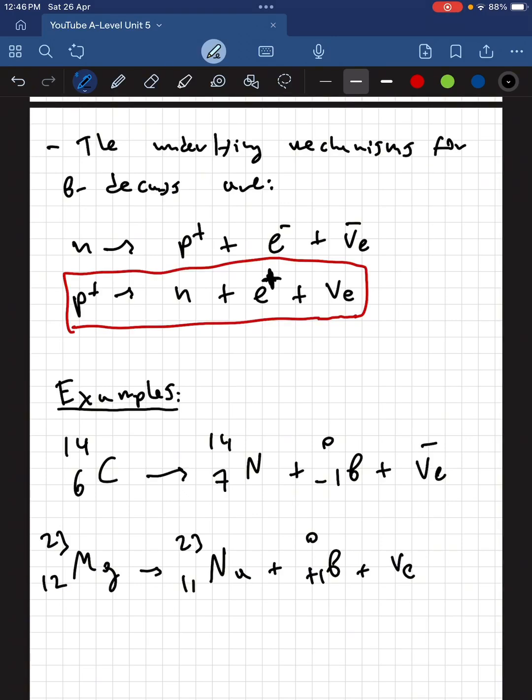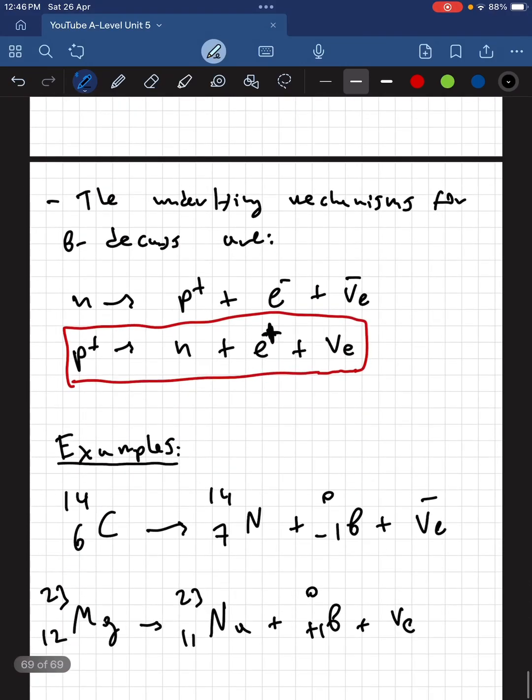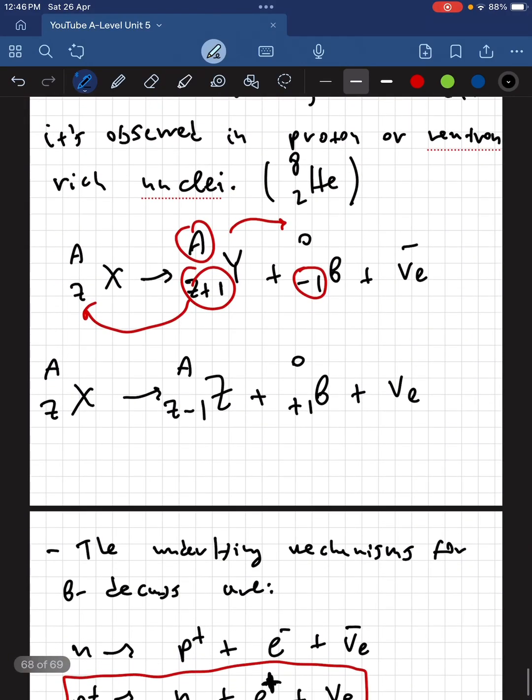Okay? We already saw examples where we calculated the energy released in these reactions. By the way, let me go up here and mention that delta M, the mass deficit, is equal to the mass of X minus the mass of Y minus the mass of the electron in the case of beta minus decay.